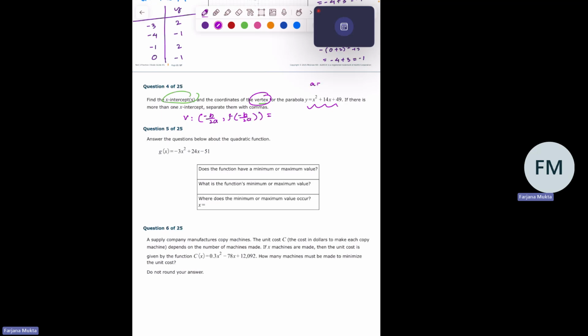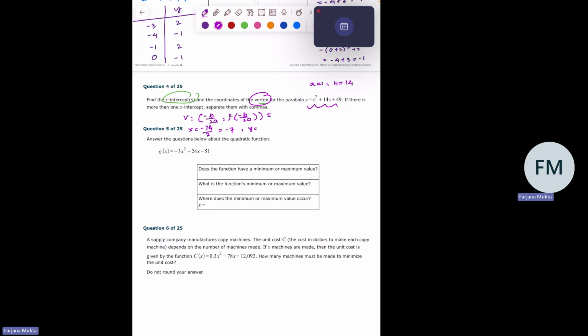Okay, find the vertex. Here, a is 1, b is 14. So our x-coordinate is going to be negative 14 divided by 2, which is negative 7. And our y-coordinate will be the corresponding y value if we substitute negative 7 in the equation, right?